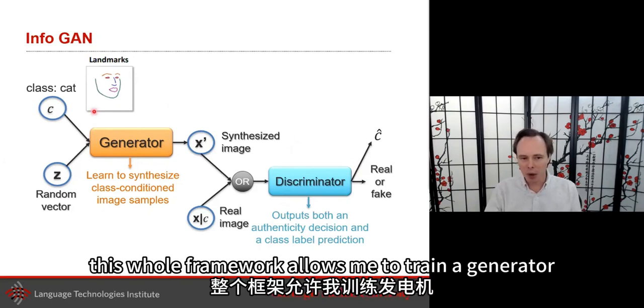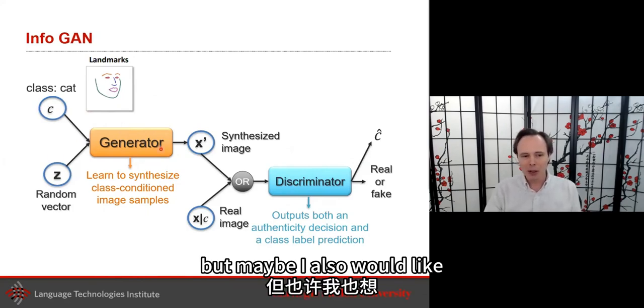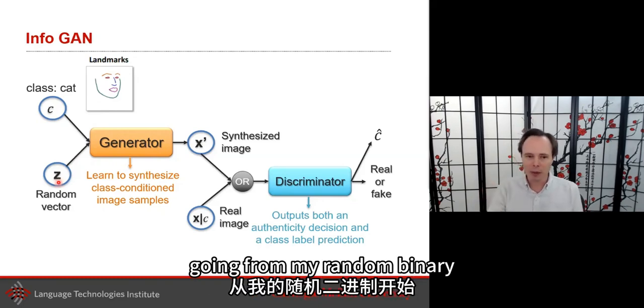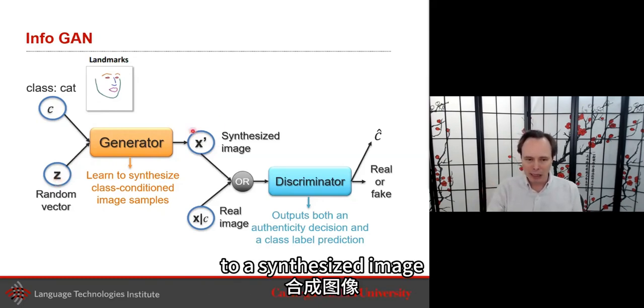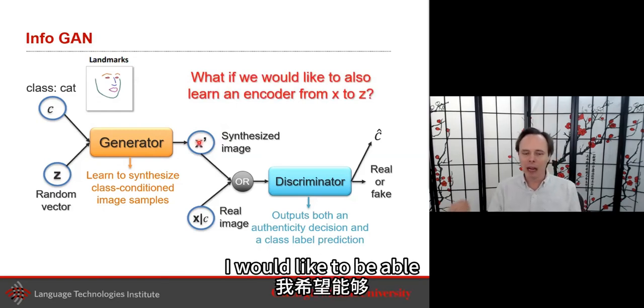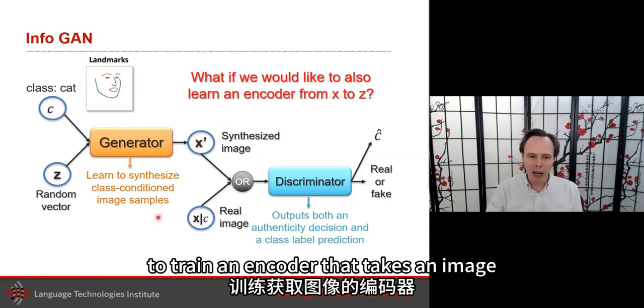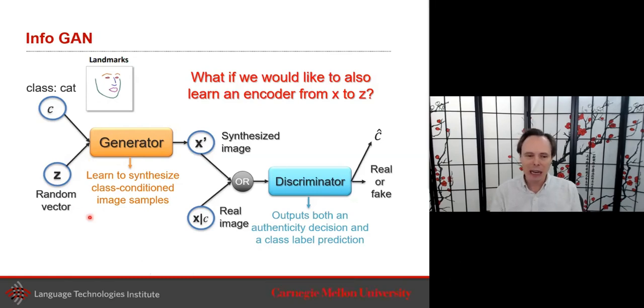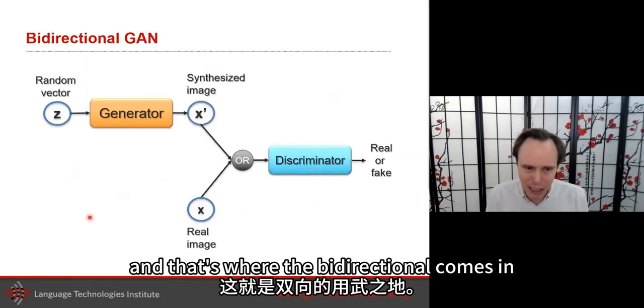And this whole framework allows me to train a generator. But maybe I would like not just to train a generator going from my random variable to a synthesized image, but to go the other way around. I would like to be able to train an encoder that takes an image and encodes it into a lower dimensional representation. And that's where the bidirectional GAN comes in.